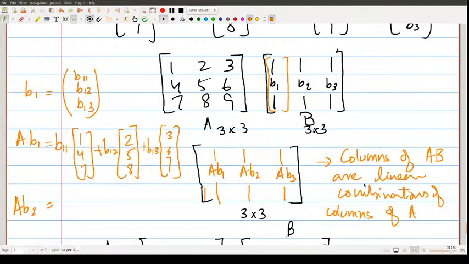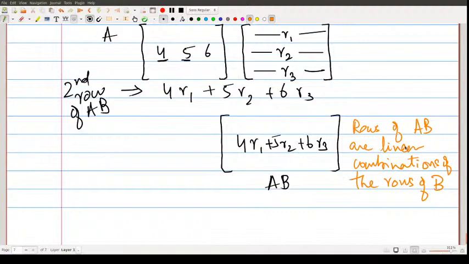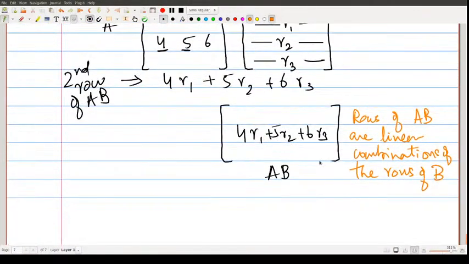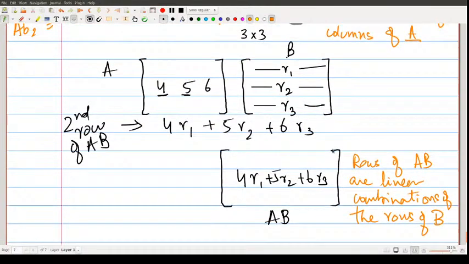You either view it as a linear combination of the columns of A, or as a linear combination of the rows of B. In the first case, the scalar multiples are given by these column entries, B11, B12, B13. And in this one, when you're taking the linear combination of the rows of B, these entries 4, 5, 6 are given by the row entries of some particular row of A.